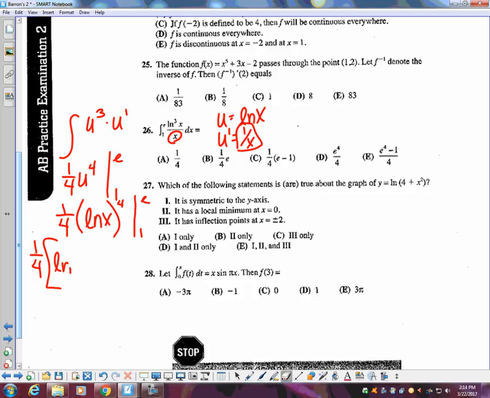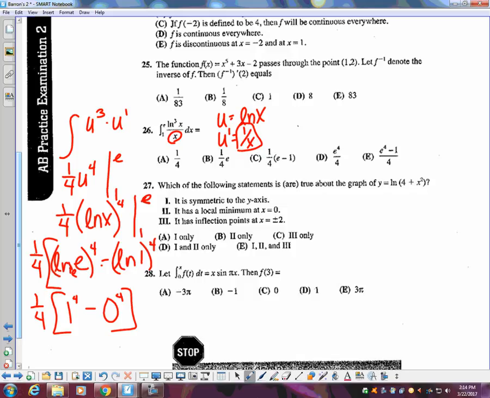Oh, that's an e. ln of e, sorry, to the 4th minus ln of 1 to the 4th. Okay, ln of e is 1, because e to the something equals e. So that's a 1 to the 4th, which is 1. And ln of 1 is 0. So that's gone. That's just a 1, and 1 times a 4th is a 4th. There you have it.